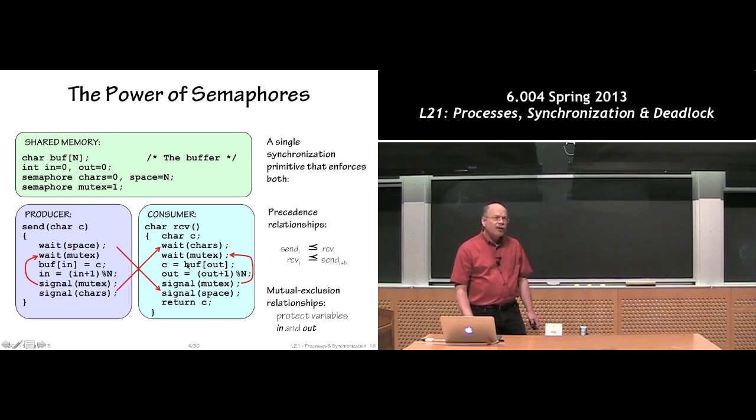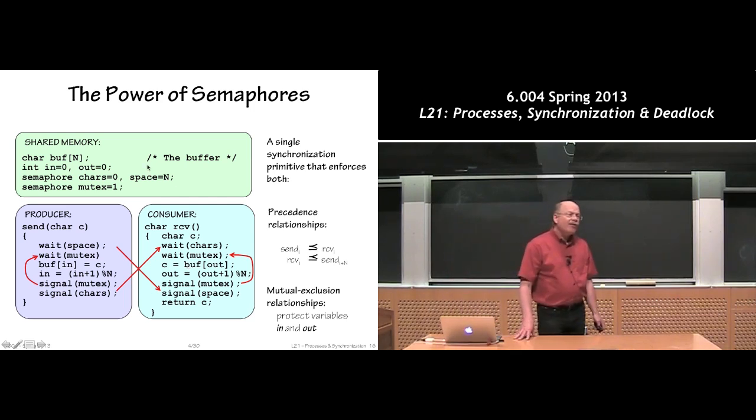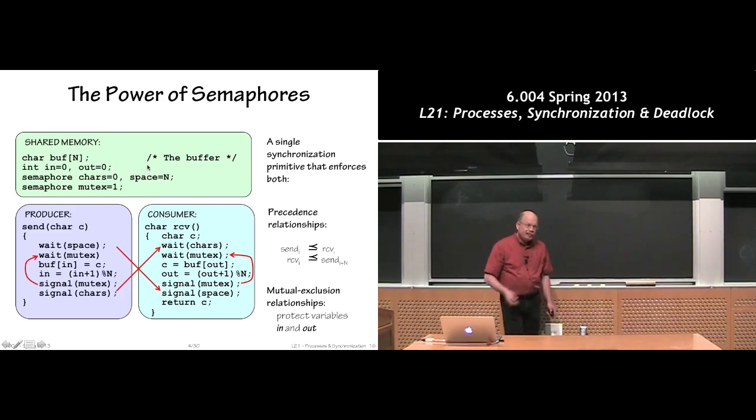If you have multiple consumers, does that mean that all the consumers are within the same process, or each consumer is a different process? Each consumer is a different process, but they all share access to this set of semaphores. So doesn't that mean that if one process uses a piece of data, then the other process can't? So in this particular arrangement, each consumer is consuming one of the characters from the buffer, and the other consumers don't see that.